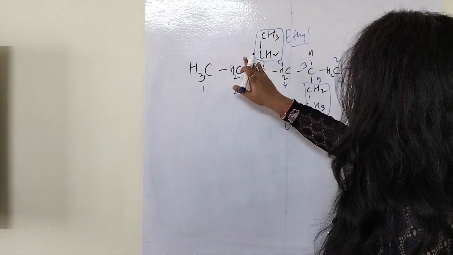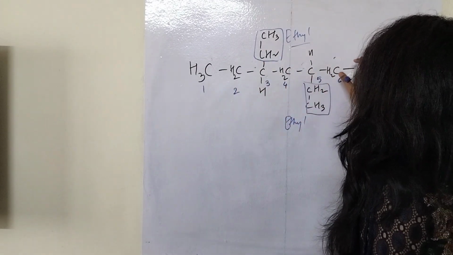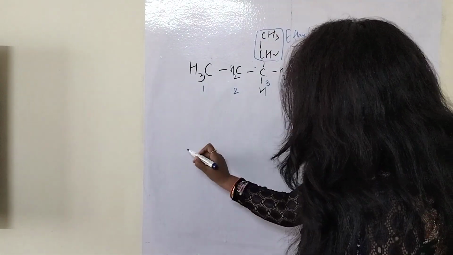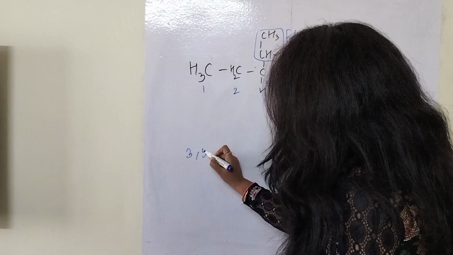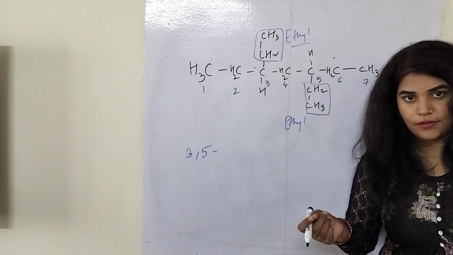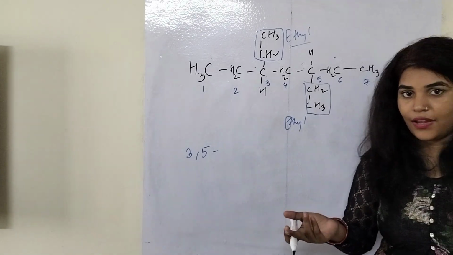So let's name this compound. The name of this compound will become 3,5. When there are two substituents, more than one substituent, then we can write it as di, tri, remember?